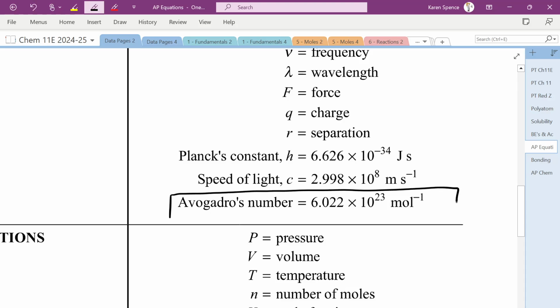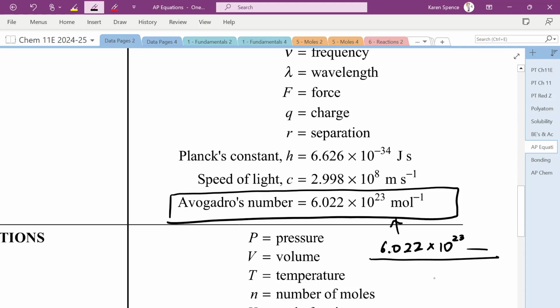Avogadro's number. Why does it say mole -1? Because it wants to mess with you. Because mole -1, do you remember what it means when you have a negative exponent? It means it's flipped upside down. So that means there are 6.022 times 10 to the 23 per 1 mole, because mole to the -1 means per mole.